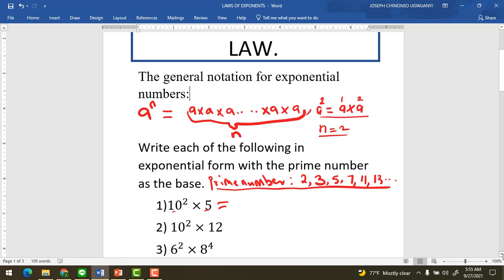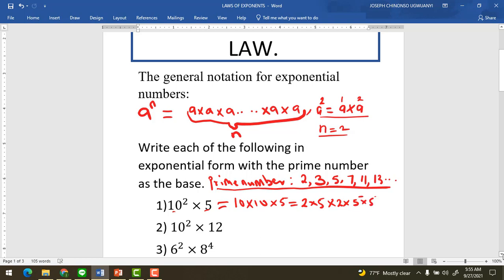What do we do? 10 squared means 10 times 10 times 5. This is equal to 2 times 5 times 2 times 5 times 5.